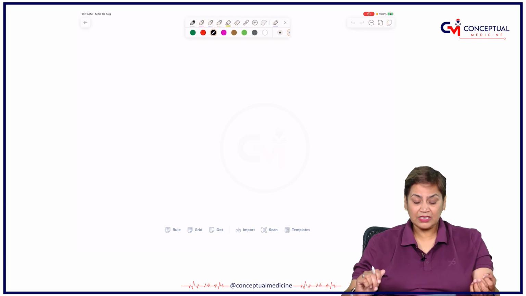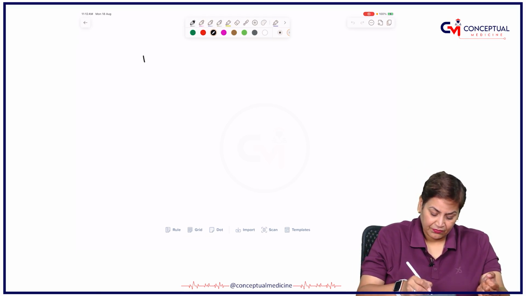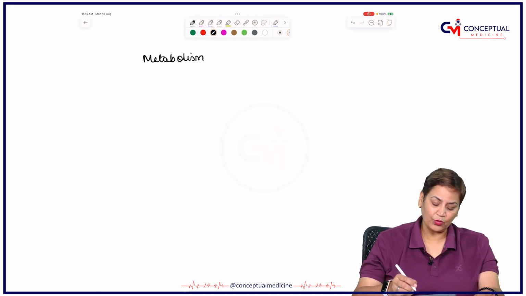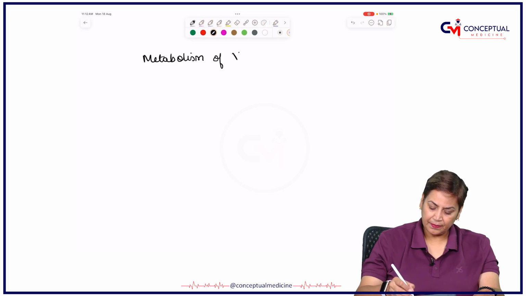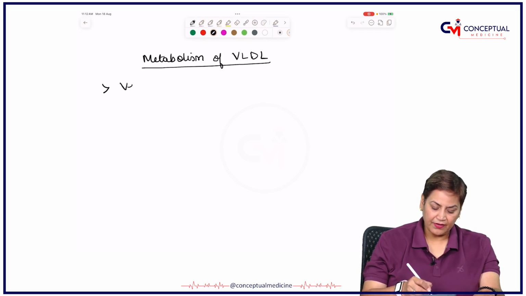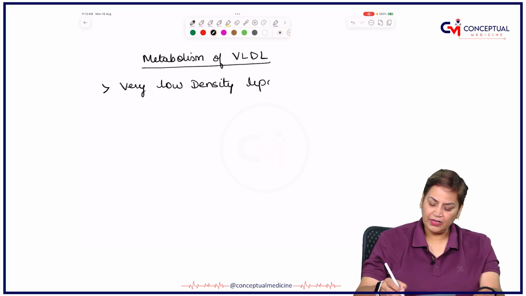Now see, VLDL stands for very low density lipoprotein. Now, first of all, we need to know what a lipoprotein is.